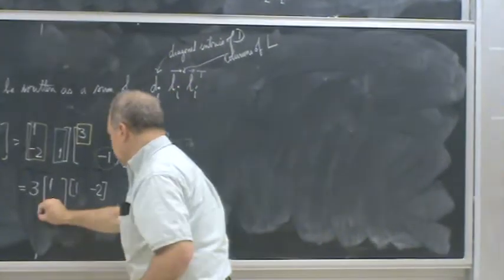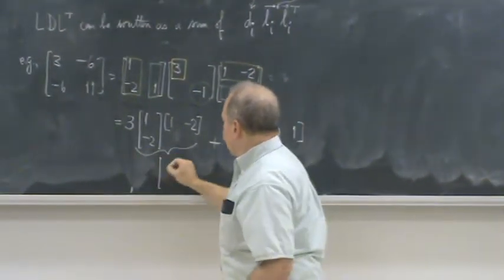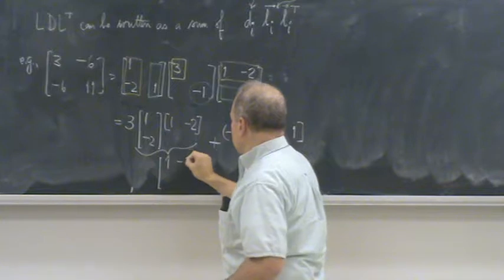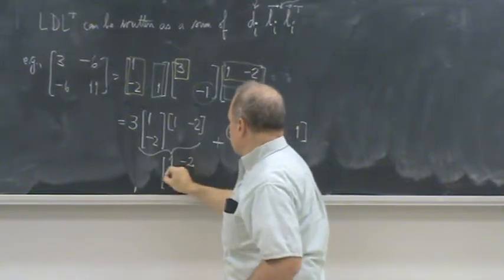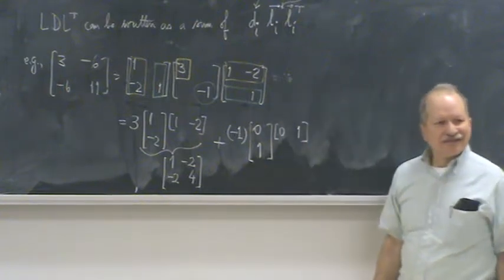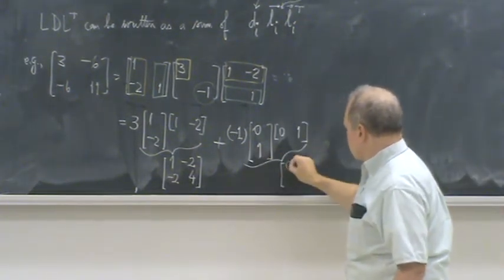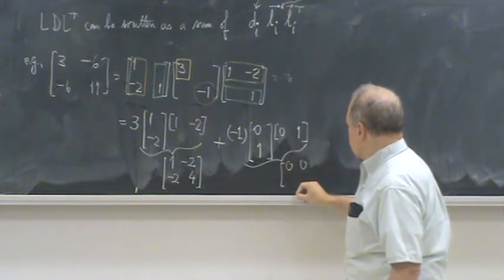What do you get when you multiply these two things? You get 1, -2, -2, 4. What do you get when you multiply these two things? 0, 0, 0, 1.